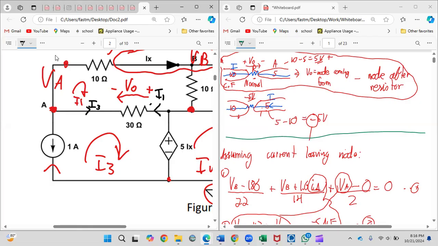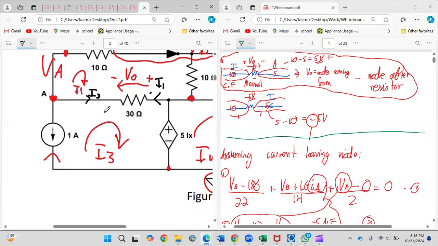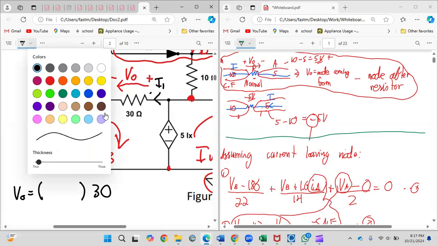Same concept: the currents which will have a voltage drop across this resistor are I1, and I3 will just end up being the opposite. We know V is equal to IR, so the R will still be 30. That's okay, so I write it in the correct polarities.